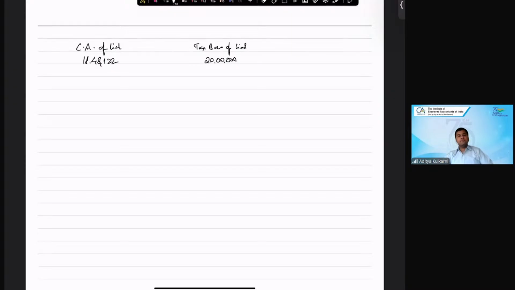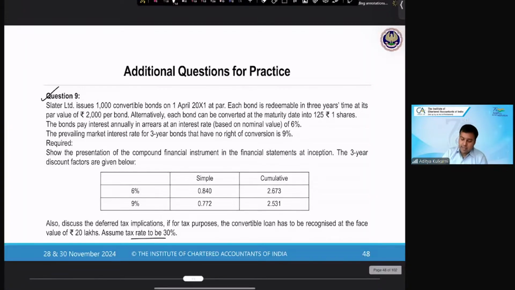Yes, sir, when the carrying amount is less than the tax base, we have to create that DTL. Carrying amount of liability is less than tax base of liability. The underlying is a liability, so correct. You have to create a DTL. It is a direct effect, not the inverse effect.